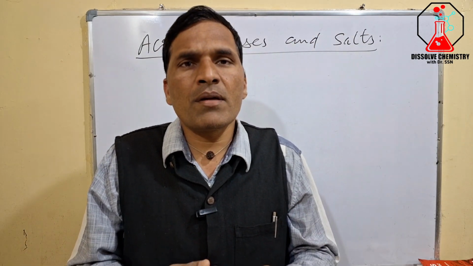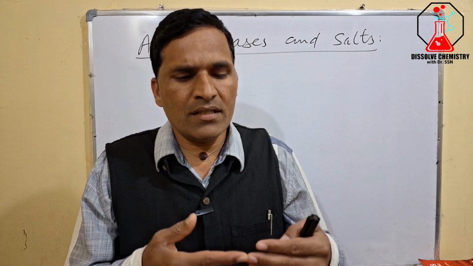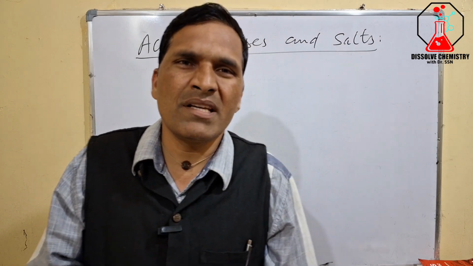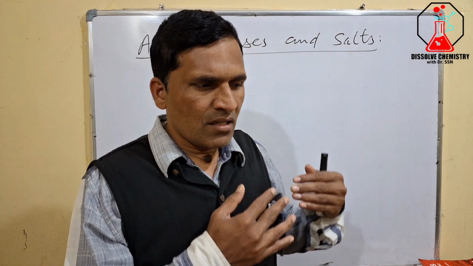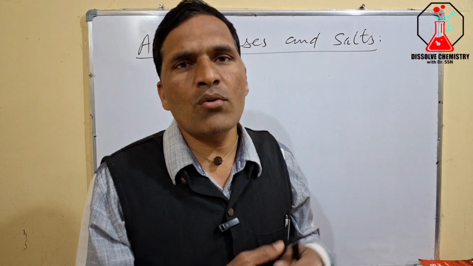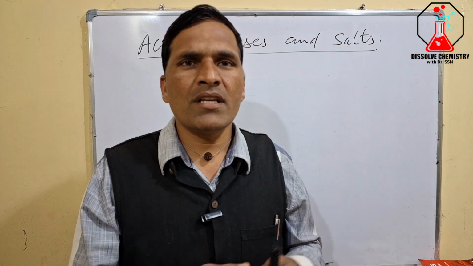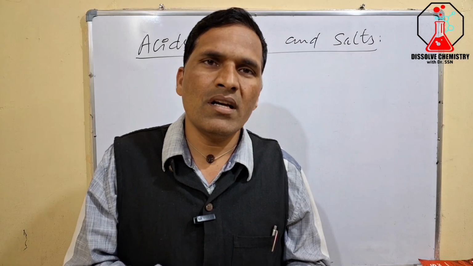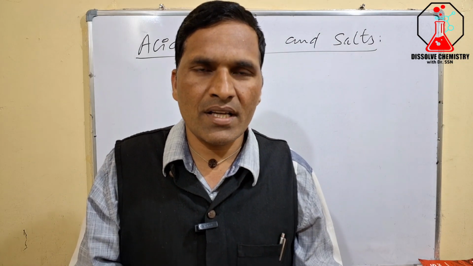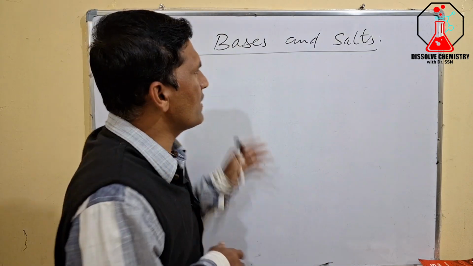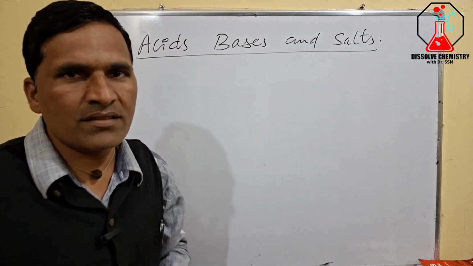As they undergo partial dissociation, a dynamic equilibrium is established between the ionized and unionized form. And that dynamic equilibrium, we defined it as what? Ionic equilibrium. In the present video, we will discuss acids, bases and salts.